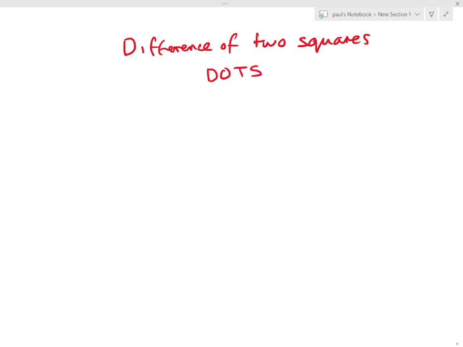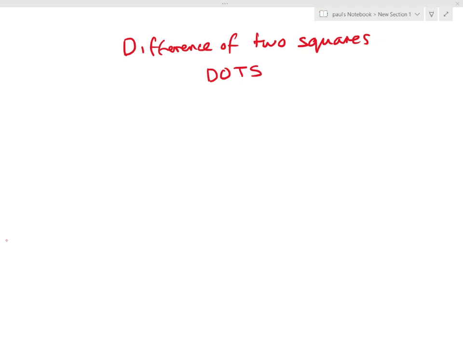Now also in this lesson we covered something called the difference of two squares, and we just shorten that to dots. Now this is where, when you have a quadratic equation, you don't get a middle part.